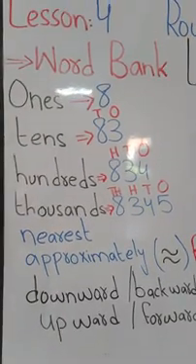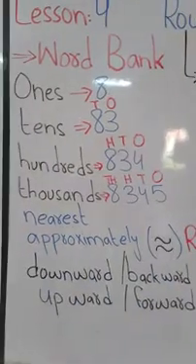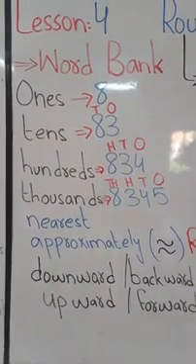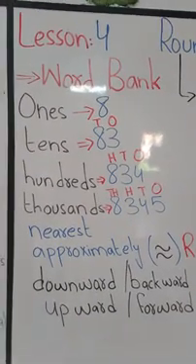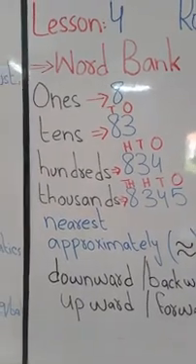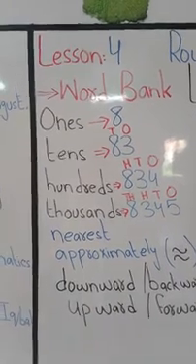So here is the word bank which I already introduced to you. I know you all are very familiar with these words and you have memorized them. So I repeat it again. There are the ones, tens, hundred, thousand.